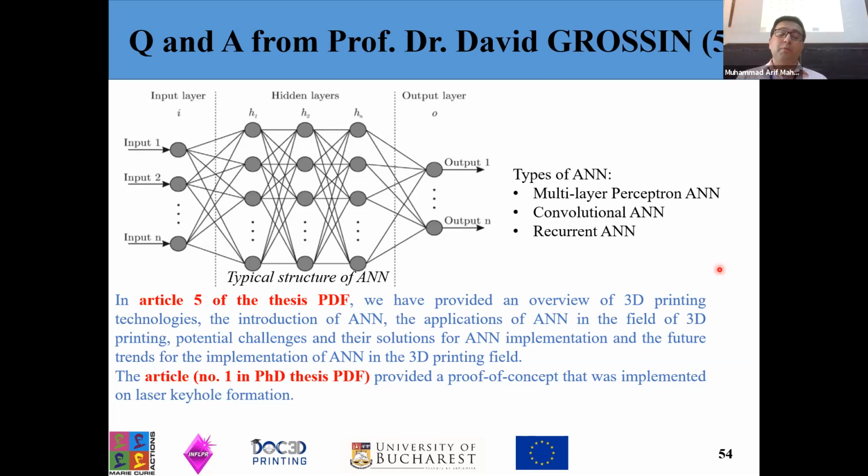So how to solve this problem? One way to solve this problem is to link the modeling with the ANN. So we will develop a model, validate the model with the experiments, and use the model for the training of ANN. And this case study was provided in article 1 of the PhD thesis as a proof of concept.